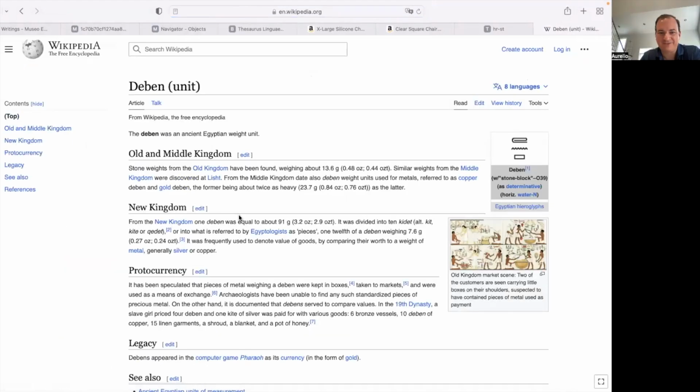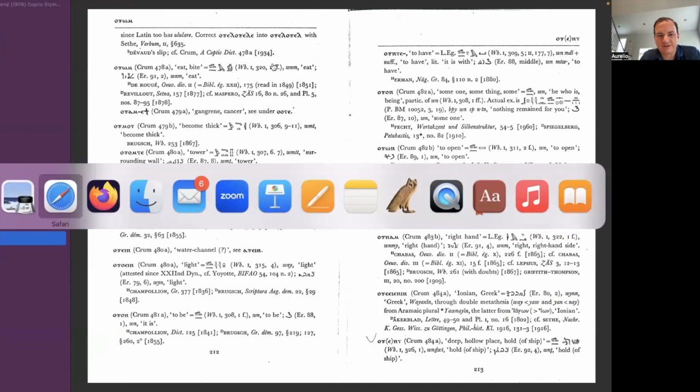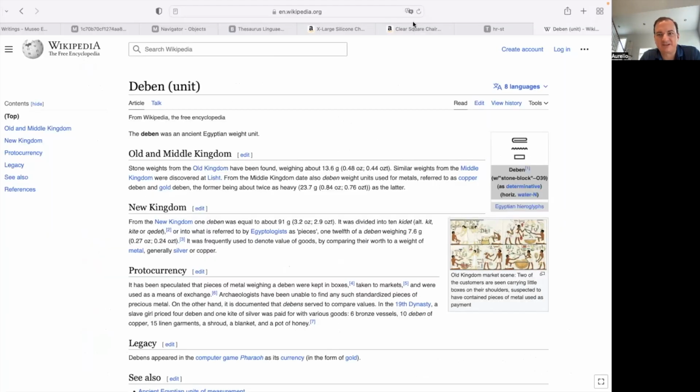Because you're right, it was heavier in the Middle Kingdom, I think, and then in the New Kingdom, a lot lighter. It's 91 grams. It depends on whether it's gold or silver and whether you're comparing the monetary value or the actual weight. But right. So yeah, 100 grams basically, if you want to be metric. I mean 90. So yeah, enough for a spearhead, like you said, I guess.